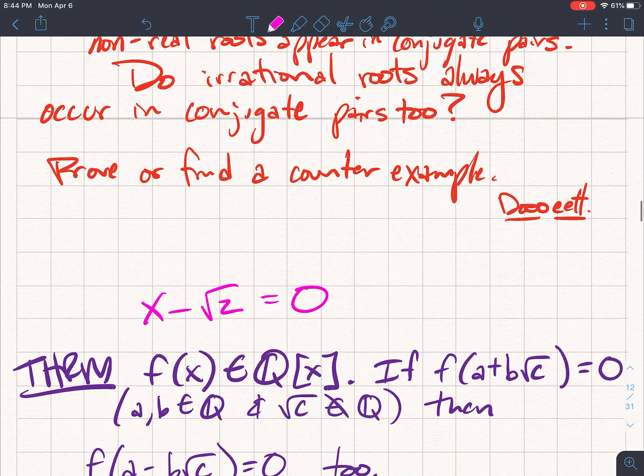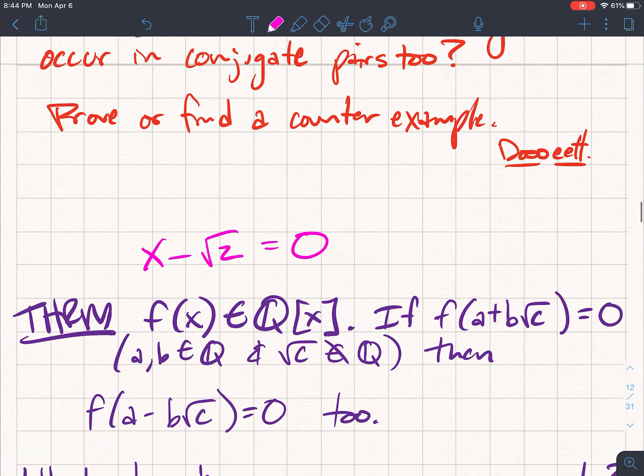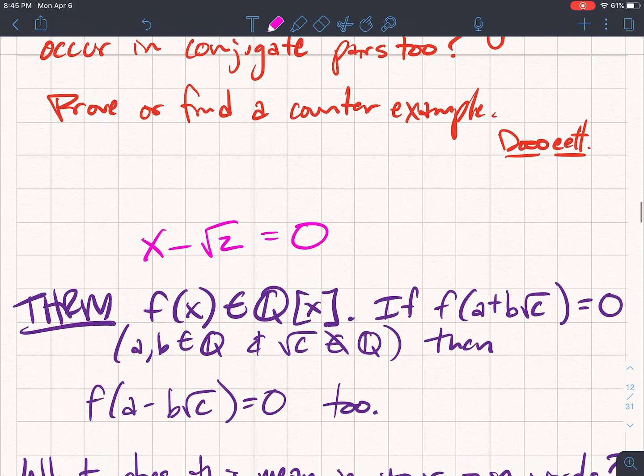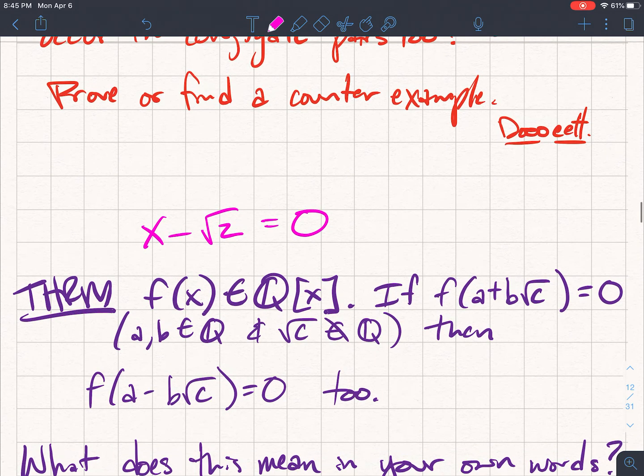But we do have this theorem. If my polynomial only has rational coefficients, not real coefficients, so if it's a whole number, an integer, or a fraction, positive or negative, and if the number a plus b root c is a root of the polynomial f, then I know that its conjugate is also a root.